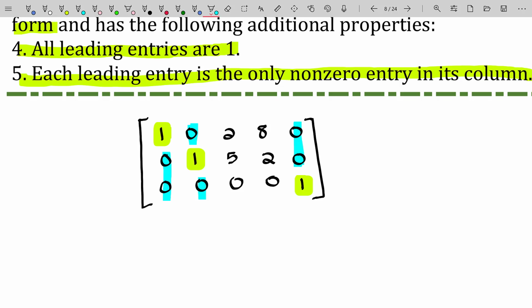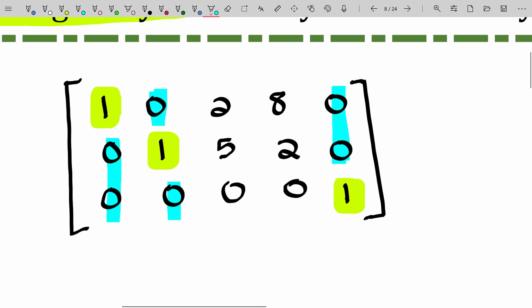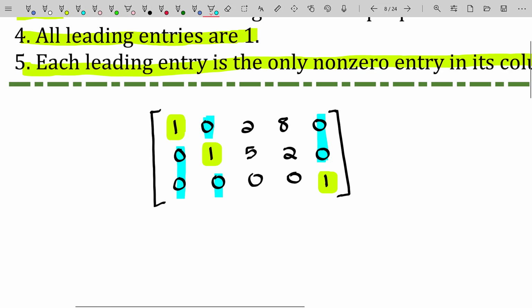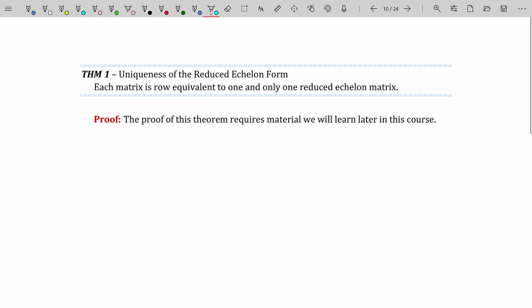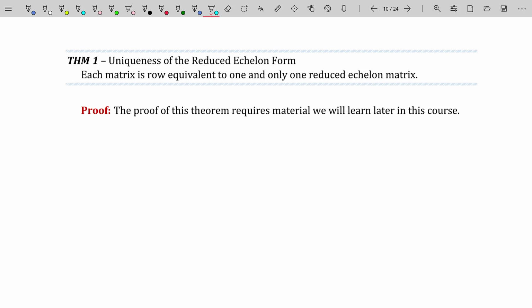If somebody said, I need to get to a reduced row echelon form, 1,000 people trying to attempt that would all arrive at this one reduced echelon form, because the reduced echelon form of a matrix is unique. Now, the proof of this theorem requires material we will learn later in the course, and we might come back and actually prove this when we have that material on hand.